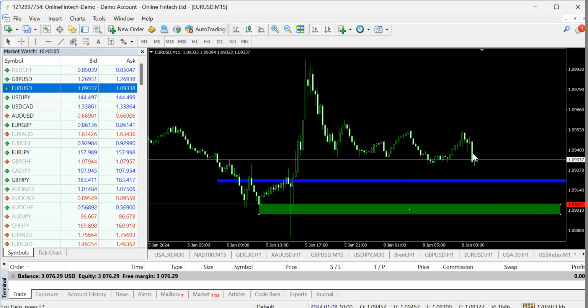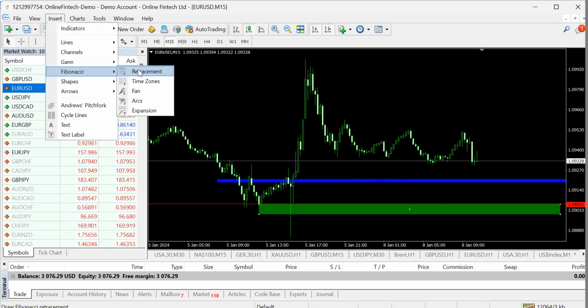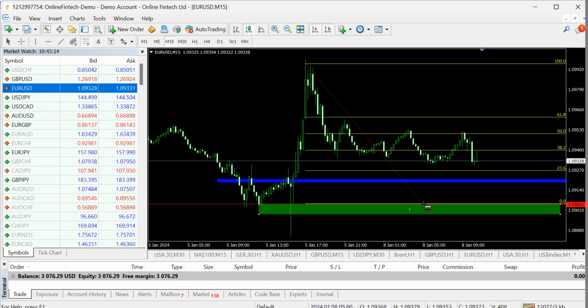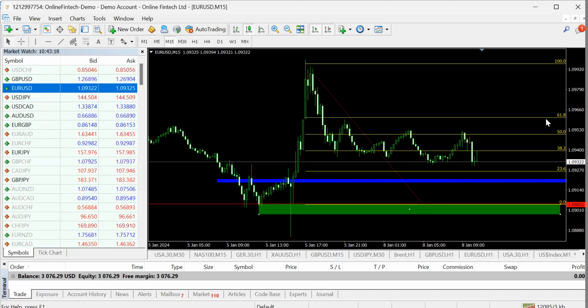There's also a different method that you can use. Let's say, for example, the Fibonacci retracement indicator, right? If you use the Fibonacci retracement indicator to the level where you think the position will go, it will give you the 50% level.